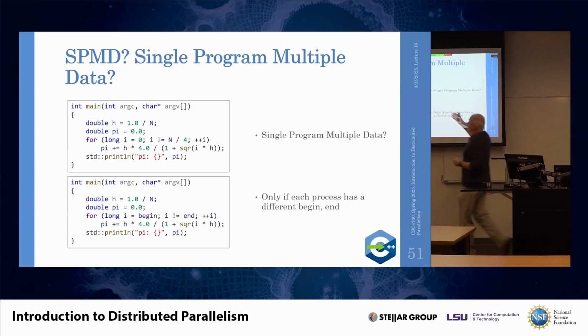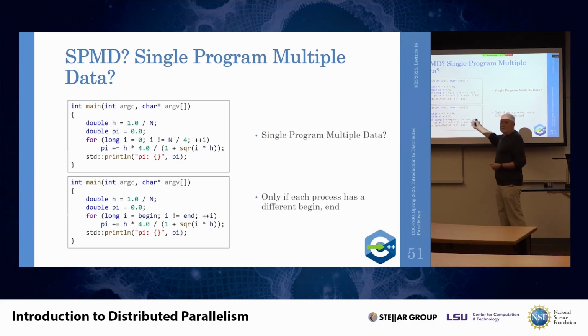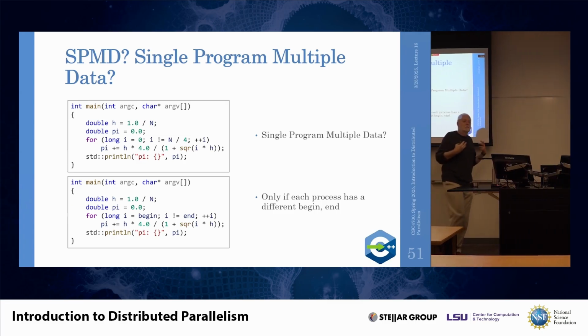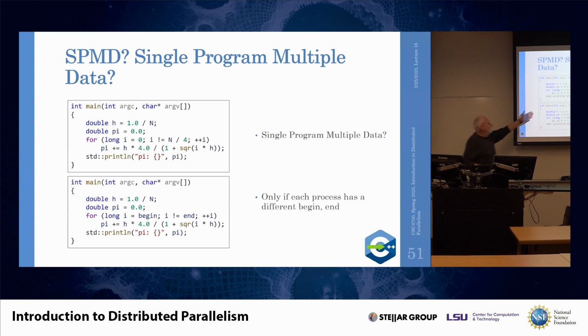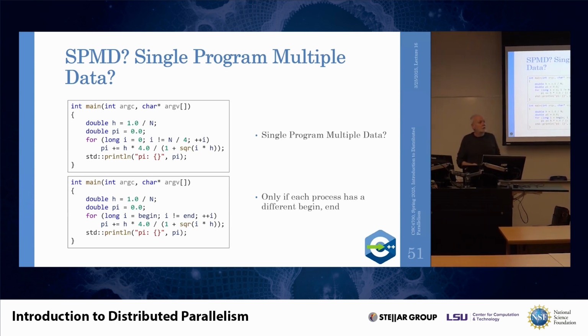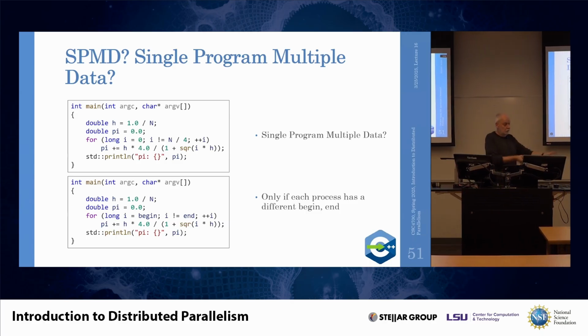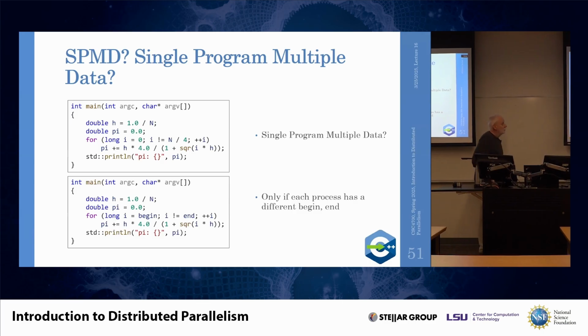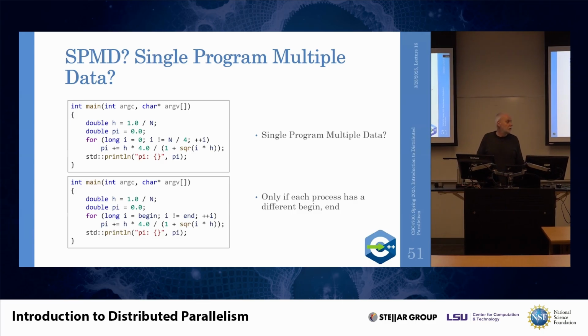So this is not really SPMD, but it is code that begins to resemble SPMD, because it's really the same code if I somehow manage to get begin and end appropriately initialized. Then I have the same code running on all nodes. Absolutely the same executable, right? I compile it once, I get an executable, I run it on all of them, and I will get what I want.